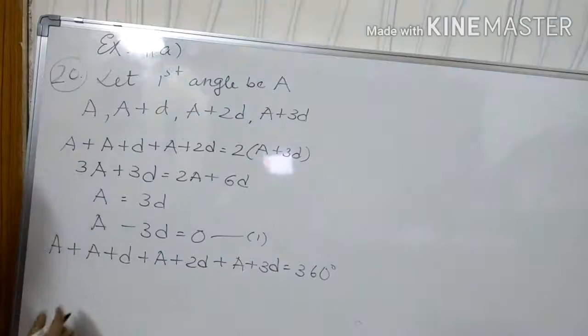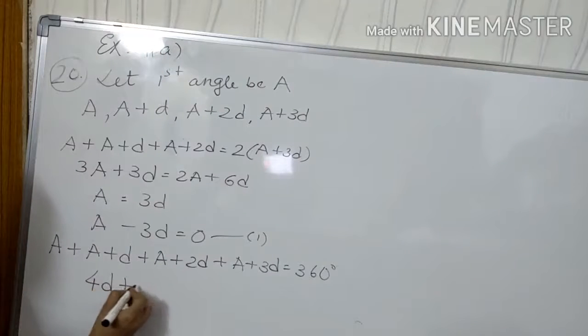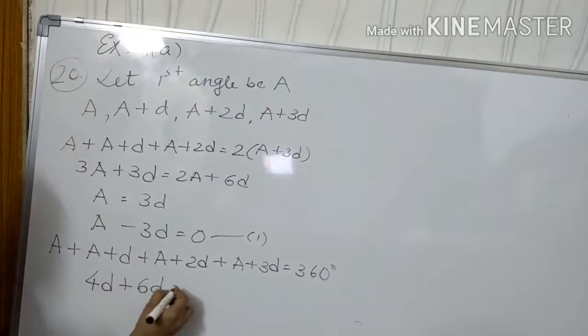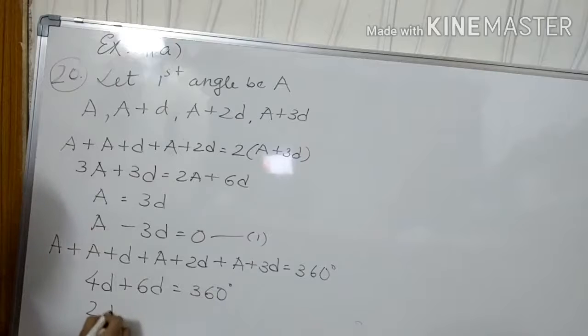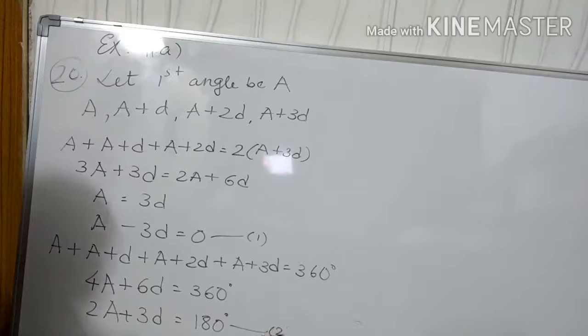So I add all this, so I get 4a plus 6d is equal to 360 degrees. We can reduce further by dividing the whole equation by 2. So I get 2a plus 3d is equal to 180 degrees. This is equation number 2 I found.